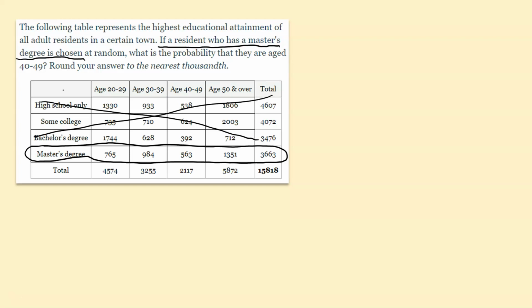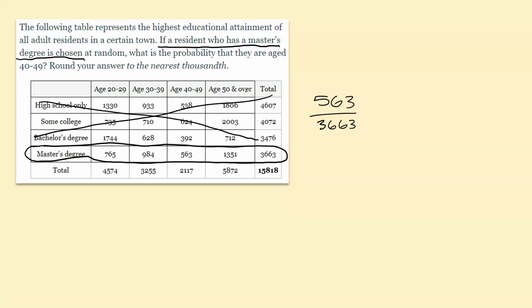What is the probability that they're aged 40 through 49? So that would be this data right here, this 563, because that's in the age 40 through 49 column. And that is out of the 3,663 residents that have the master's degree. So let's see, does this simplify?